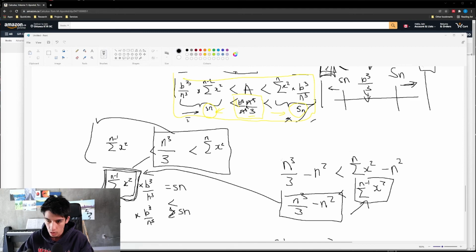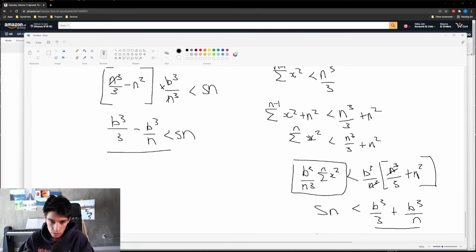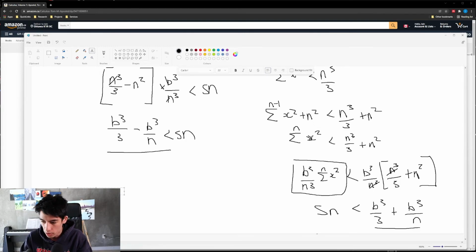And to draw this out, it looks something like b cubed over 3 minus b cubed over n is smaller than a, which is smaller than the right b cubed over 3 plus b cubed over n.